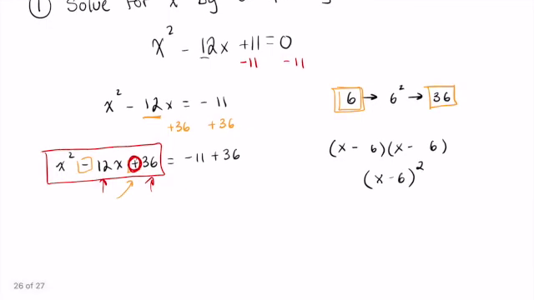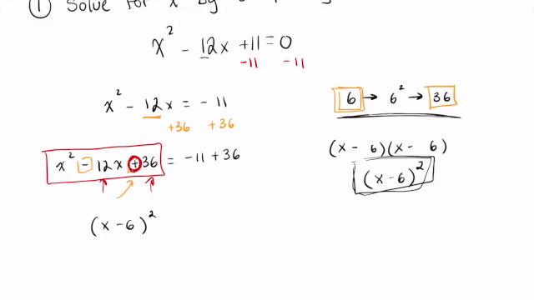That is where the whole completing of the square comes from: when I take half of b, square it, and add it to both sides, I have created a quadratic that is now a perfect square. And I can rewrite my equation as x minus 6 squared equals negative 11 plus 36, which is 25.